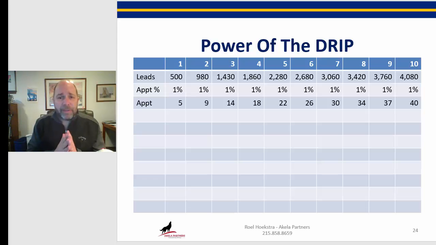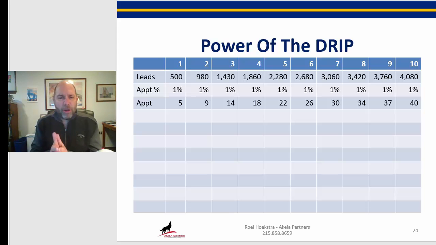Appointments. You need appointments. Leads by themselves don't do you any good. So if you're converting from leads to appointments at just 1%, which is very doable, as that group that you're marketing to, that you own and control, that you have in your universe.